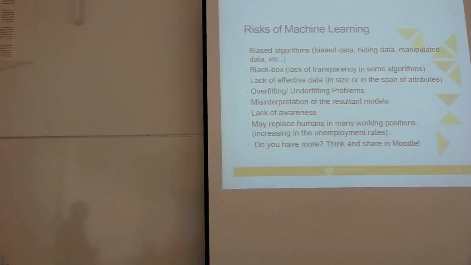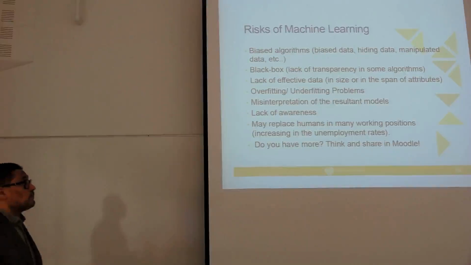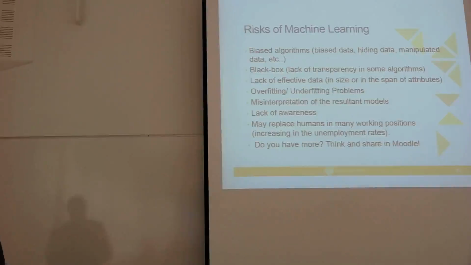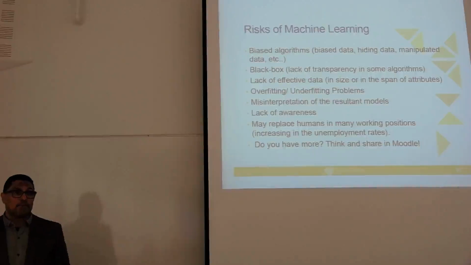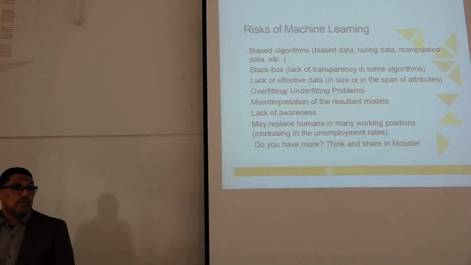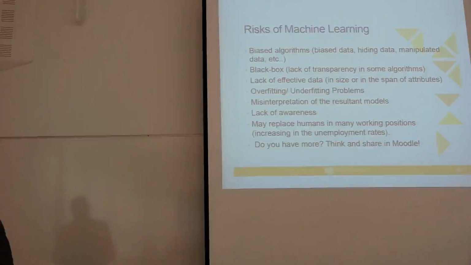What are the risks of machine learning? We might have biased algorithms. Remember always that the quality of the machine learning algorithms depends on many factors. One important factor is the quality of data. If you have junk data, biased data, or very low quality data, then you will have very low quality machine learning algorithms as well.